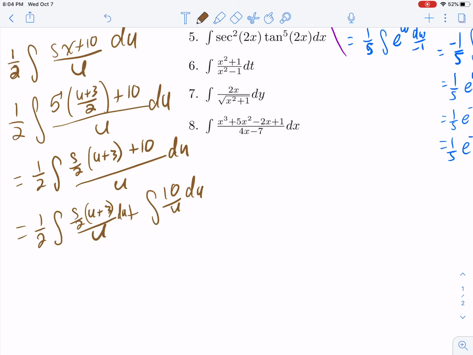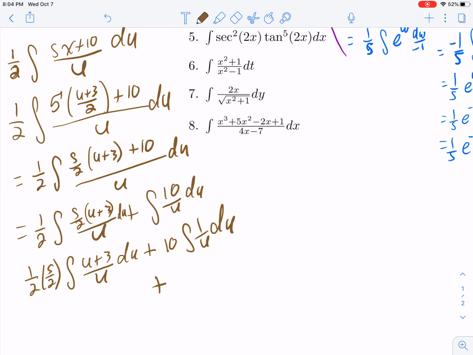All right, so this one on the left, I can pull that 5 over 2 out. So this is 1 over 2 times 5 over 2 integral of (u plus 3) over u du plus, pull the 10 out, integral of 1 over u du. So this last one here we can say is 10 ln absolute value of u plus c.